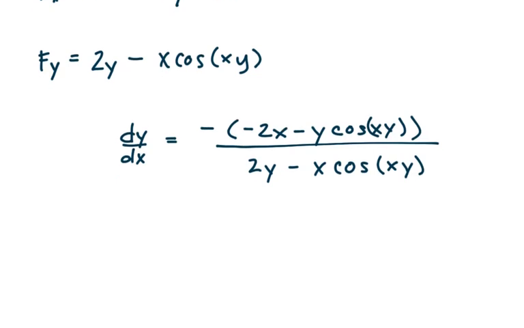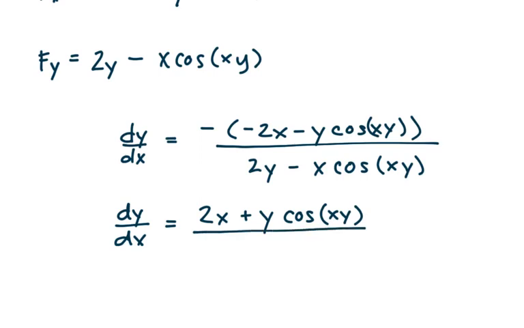And so that negative in the numerator turns that into dy dx is 2x plus y cosine of xy over 2y minus x cosine of xy. This is really a much shorter calculation than if we had done a single variable calculation to implicitly differentiate this function.